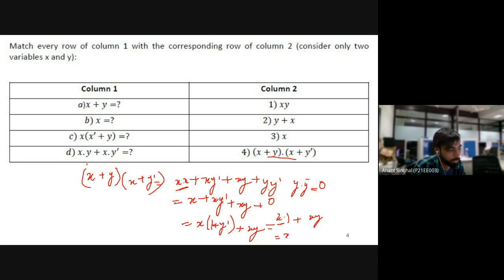So now x plus xy. I'm taking x common again. It will be 1 plus y, which gives 1, and x into 1 is x. So B will be 4. This we have confirmed.